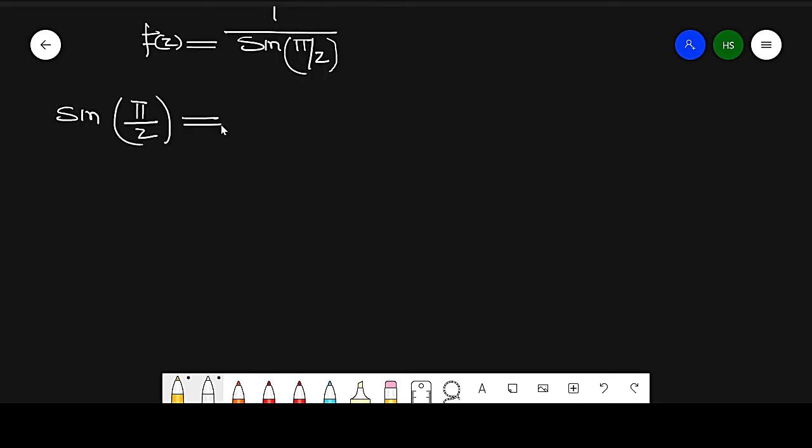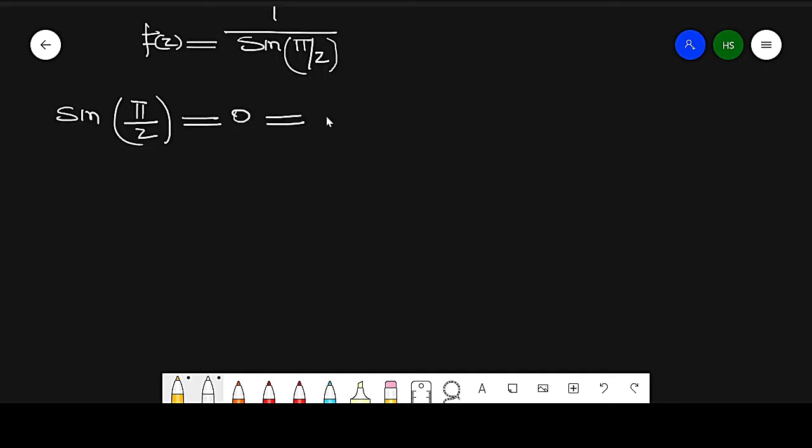Now, second example. If I take a function f(z) equal to 1 by sine of pi by z. First, what are the singular points? Singularities of f(z) are defined by sine of pi by z equal to 0.